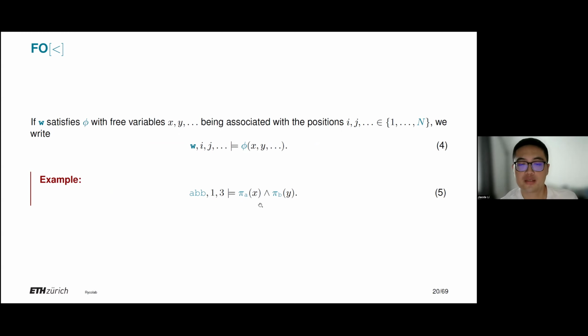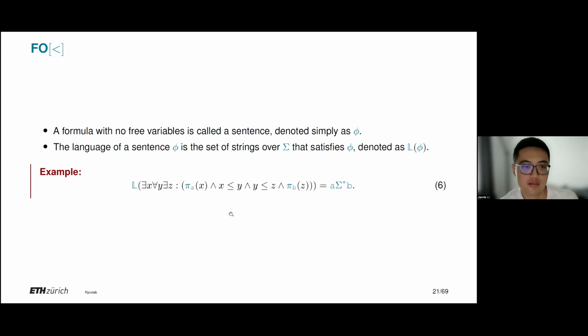If we replace x with 1 and y with 3, we can see ABB satisfies this formula because the first symbol is A and the third symbol is B. If a formula has no free variables, we call it a sentence, and the language defined by a sentence is just the set of strings that satisfy this sentence.